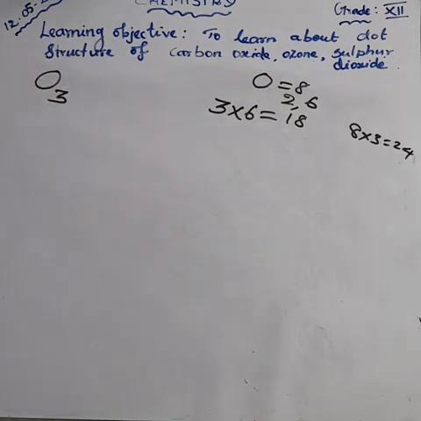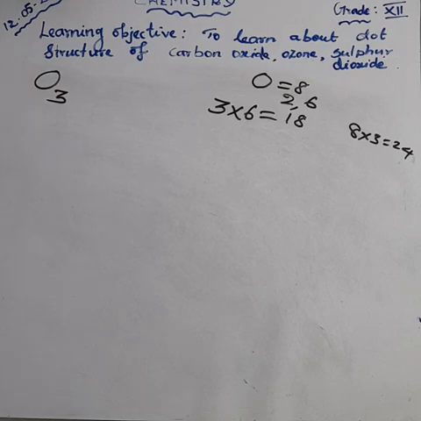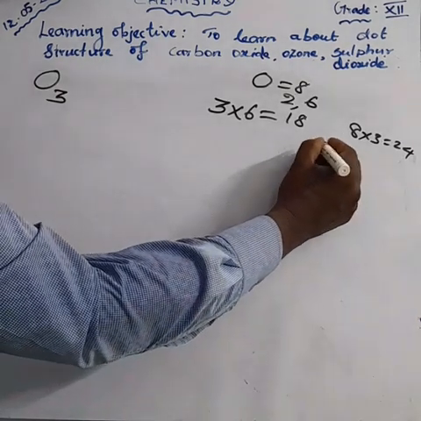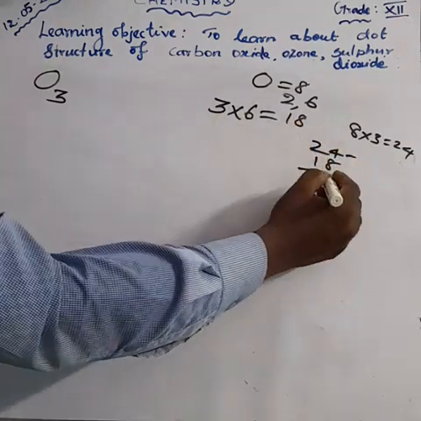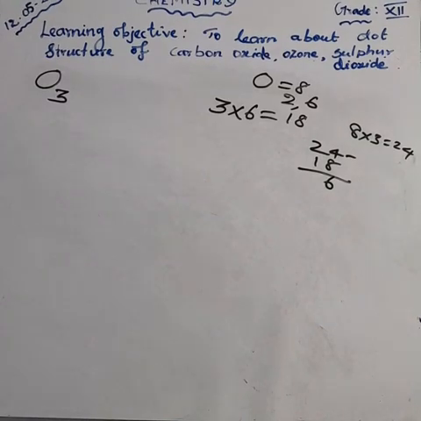But we have only 18 electrons. So we subtract: 24 minus 18, remaining is 6 electrons. So 6 electrons shows that it can give 3 bonds.